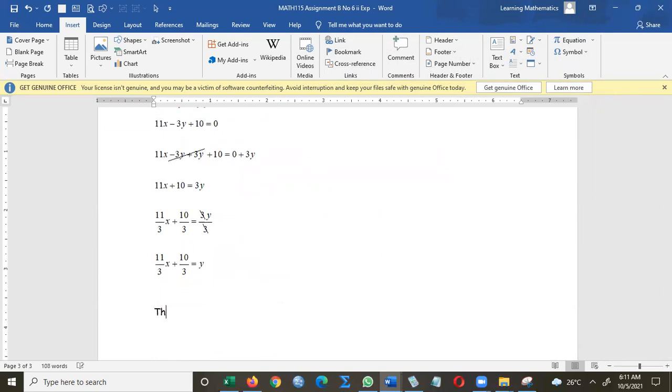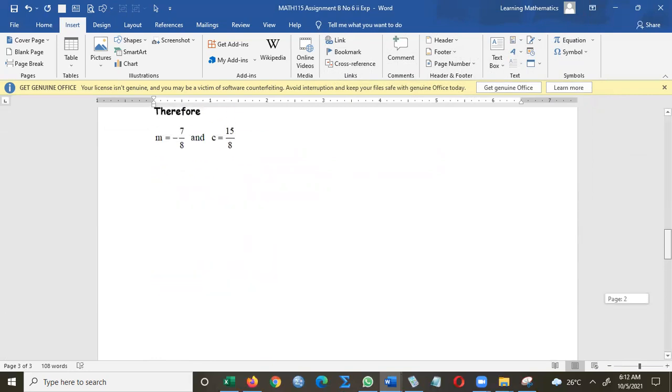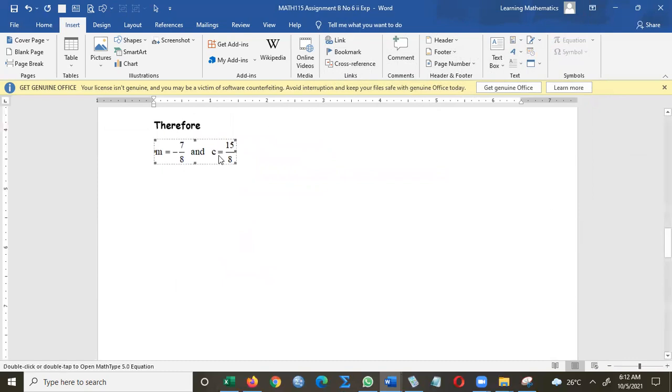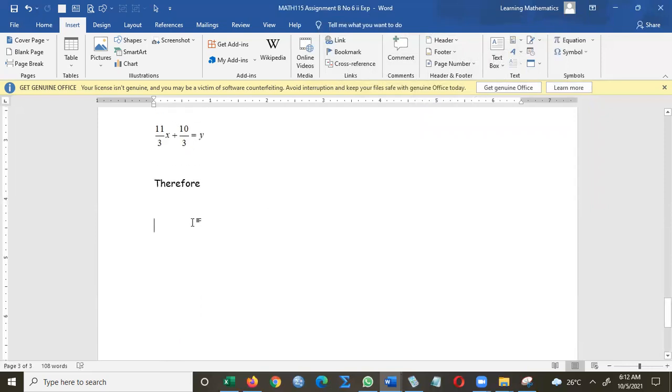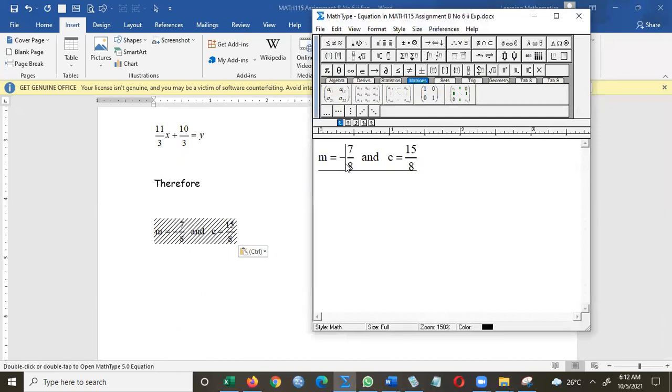So therefore, m is equal to 11 over 3 and c is equal to 10 over 3.